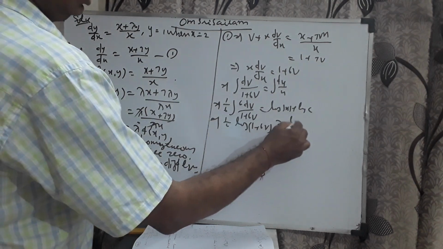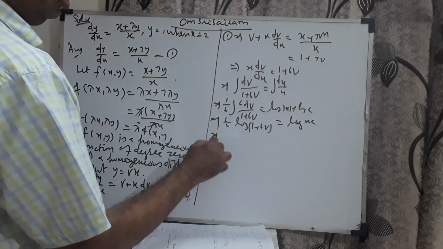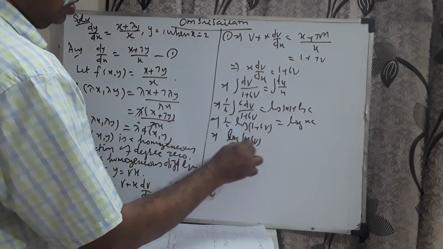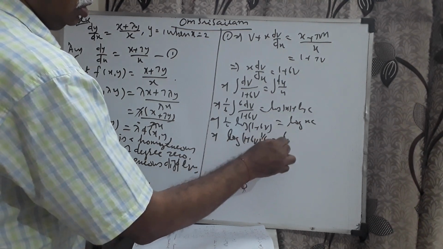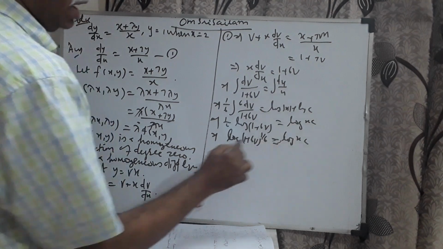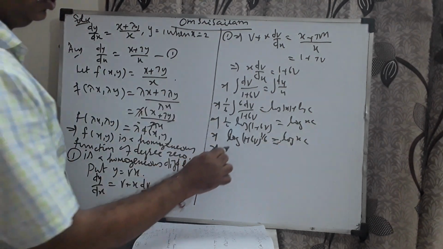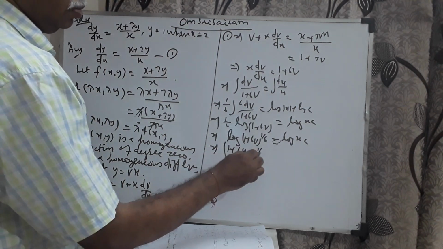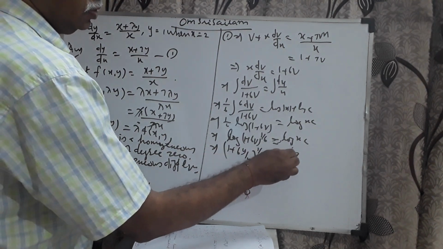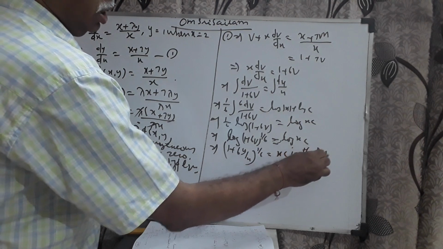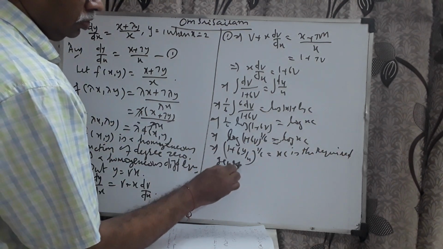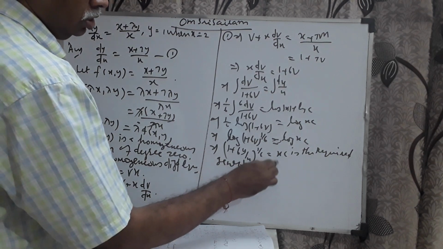The right hand side becomes log xc, which will imply log (1 plus 6v) whole power 1 by 6 is equal to log xc. You should not cancel log, just equate the values. Therefore, (1 plus 6y by x) whole power 1 by 6 is equal to xc, which is the required general solution.